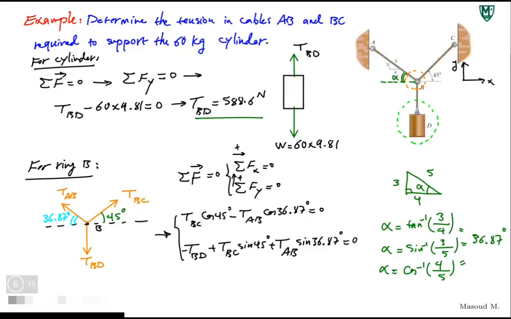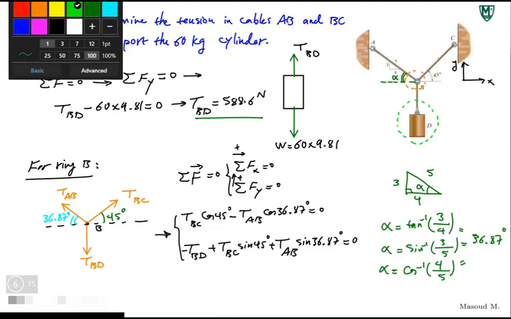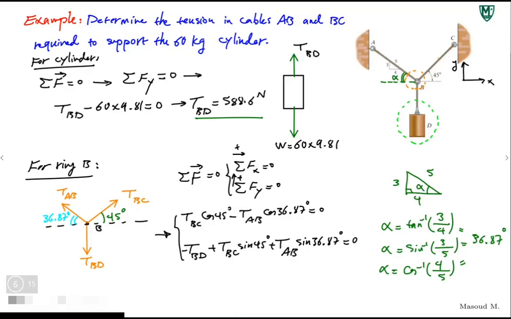This is equal to 0. Now you know TBD, right? I'm almost done. Sorry, I know that we passed the time. Give me another minute. We know TBD. TBD is 588.6.